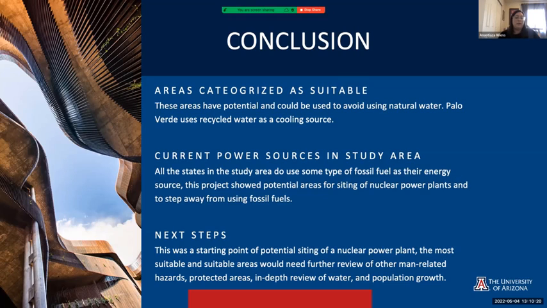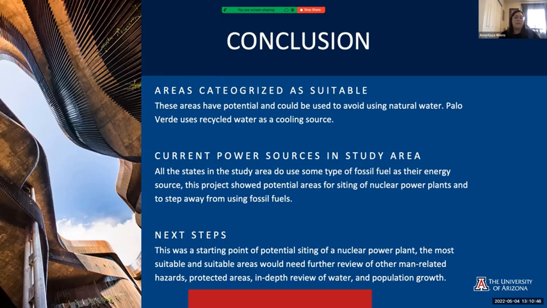As for the current power sources in this study area, it is something I wish I had looked at in the beginning, but in retrospect, there are a lot of states in this study area that still rely heavily on fossil fuels as their energy source. Some states use a mix of renewable or clean energy sources, such as solar, wind, and hydro, but they also use coal and natural gas.